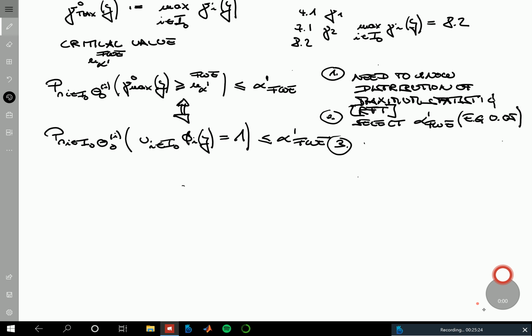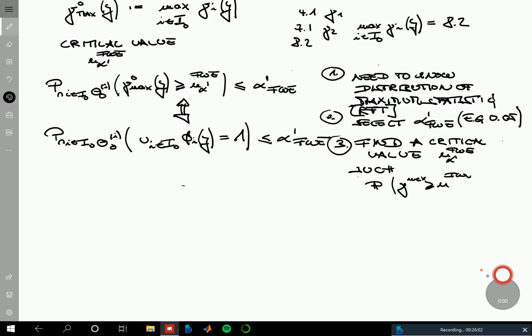And then we can find a critical value u alpha prime, such that, it's now a little bit less formal, it's just the same thing that I wrote there, the probability for the maximum to be larger than this u is smaller than alpha prime FWE.